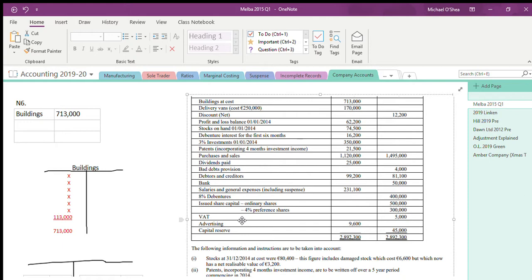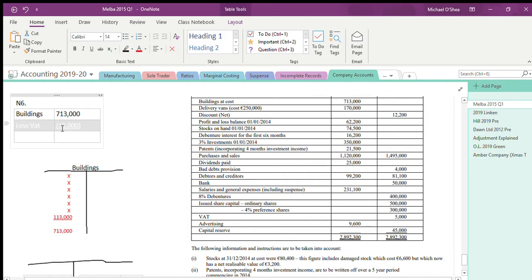But in terms of valuing other expenses and assets, VAT will never go in here. It'll just accumulate separately. All these figures that go into the buildings account should only be at their cost value. Therefore, to get to 713,000, I've included VAT here.